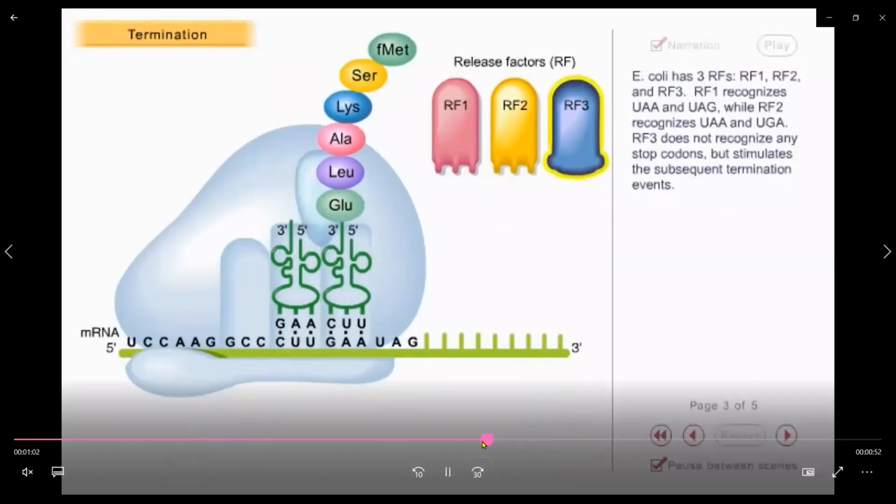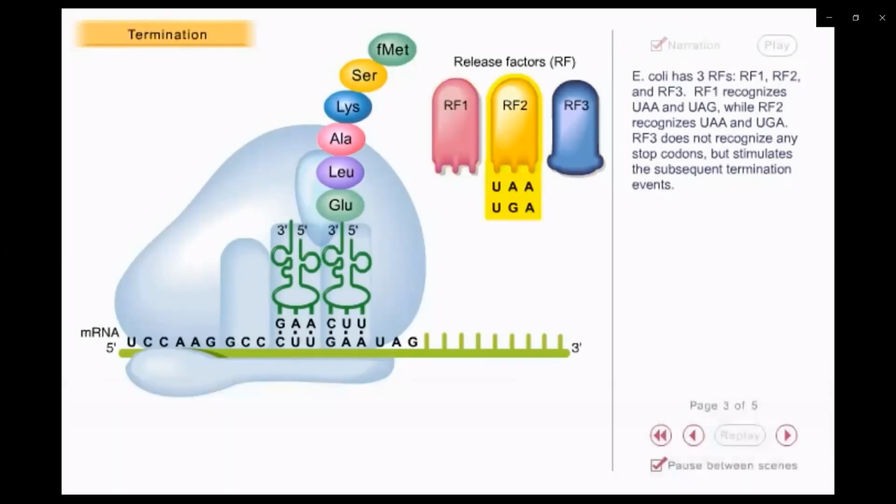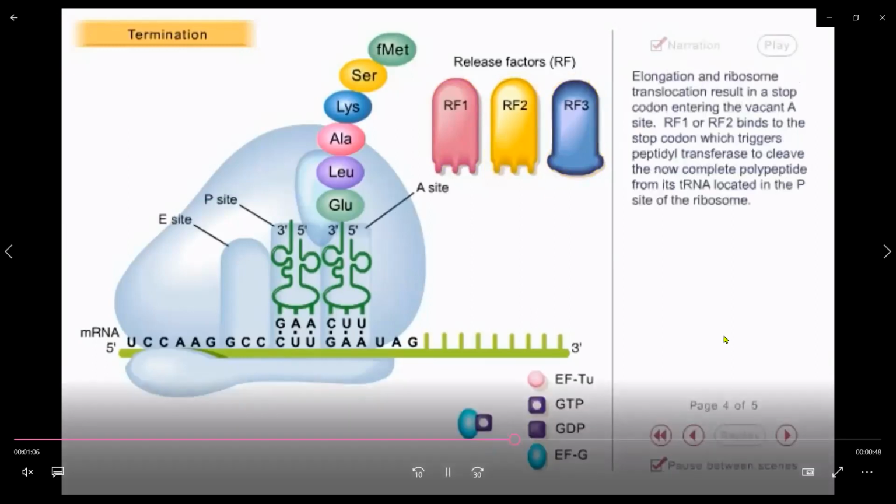Let's see the properties once more. Release factor 1: UAA, UAG. Release factor 2: UAA, UGA. Release factor 3 does not recognize any stop codon, but stimulates the subsequent termination events.